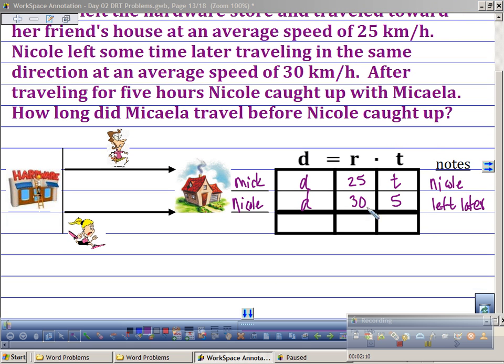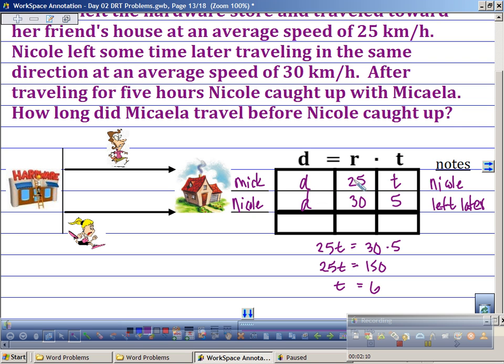Therefore, if D equals D, then 25T equals 30 times 5, right? 25T equals 150. T equals 6. Would that make sense? Yes. If Micaela was running for 6 hours and Nicole left after her, then Nicole is only running for 5 hours. Does that make sense?